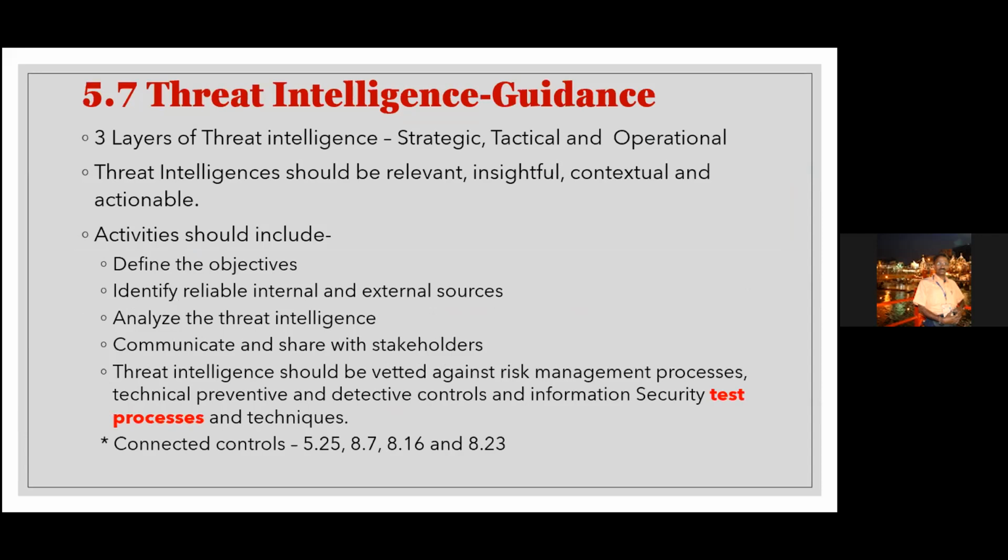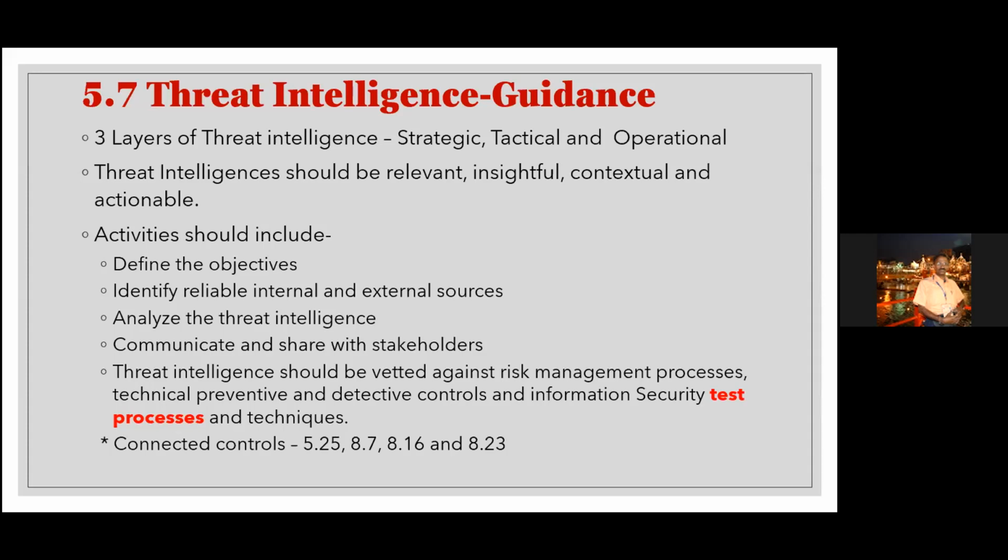With this purpose, some of the points put under the guidance are that an organization needs to develop threat intelligence at 3 levels: strategic, tactical, and operational. Threat intelligence should be relevant, insightful, contextual, and actionable. These are the broad areas an organization has to look at when implementing the control.